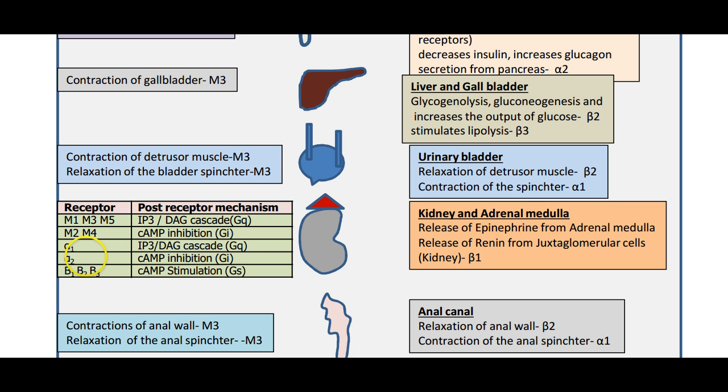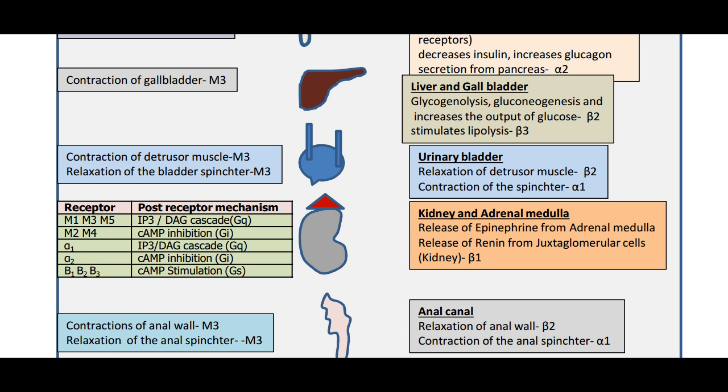Whereas alpha 2 receptor is Gi subtype of receptor, where it inhibits adenyl cyclase and causes decrease in cyclic AMP. Whereas the beta receptors, there are 3 types and all the beta receptors are actually Gs subtype of G-coupled protein receptors. Now S means stimulatory and it causes adenyl cyclase activation, which leads to increase in cyclic AMP.